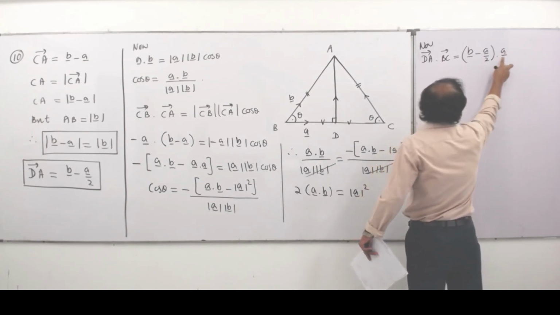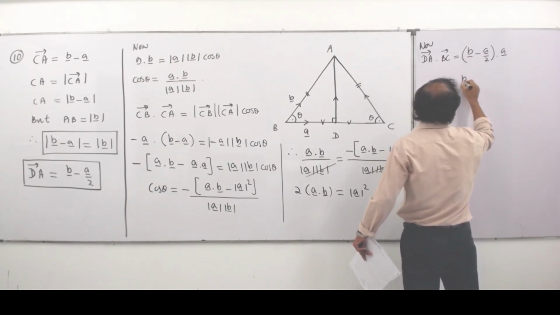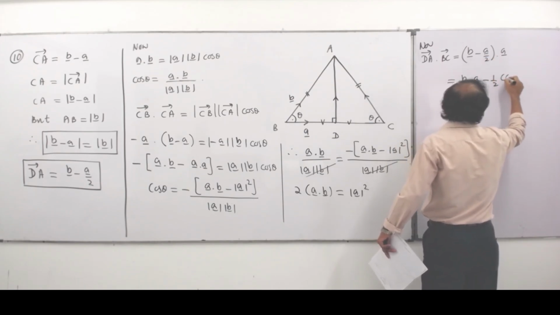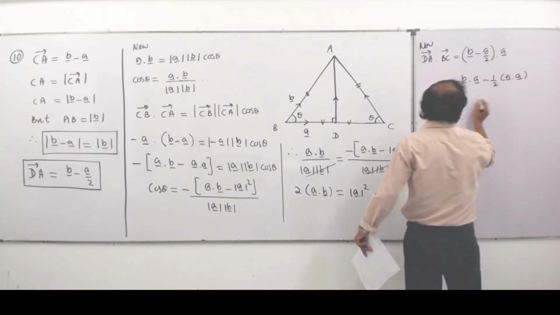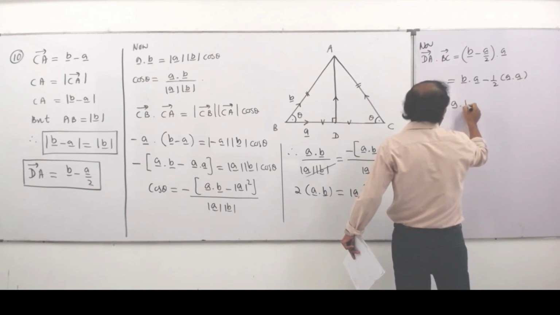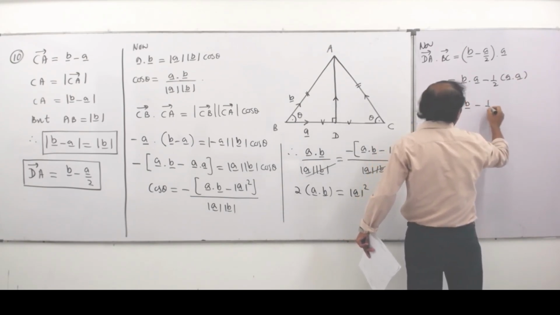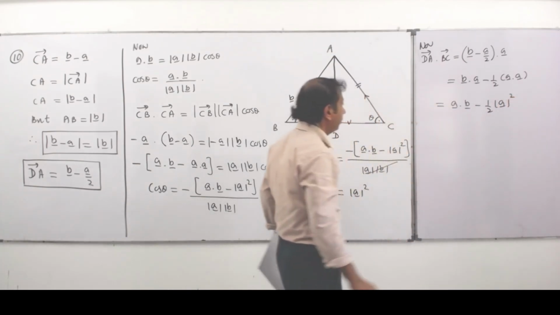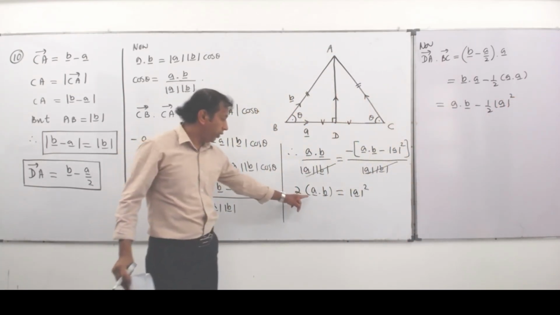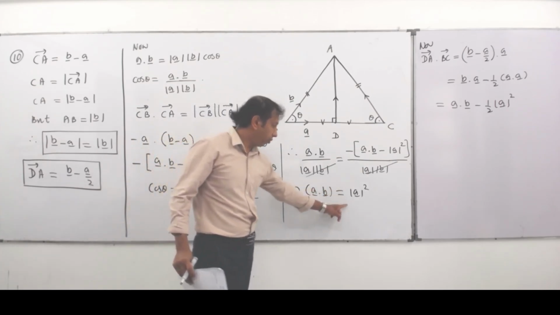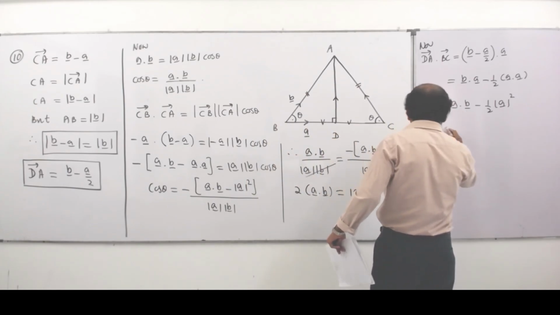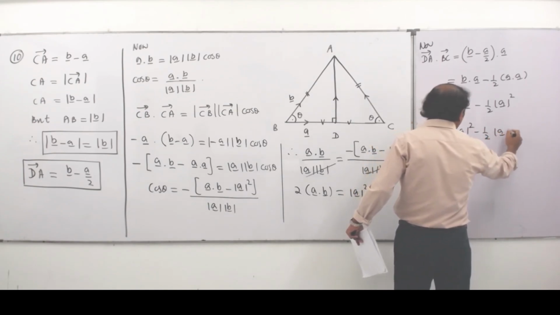Now I can use the distributive law: B dot A minus half A dot A. B dot A I can write, people, A dot B minus half A dot A, which means mod A squared. But now you can write for A dot B here. What is that? Half mod A squared. A dot B we can substitute from there: half mod A squared minus half mod A squared.